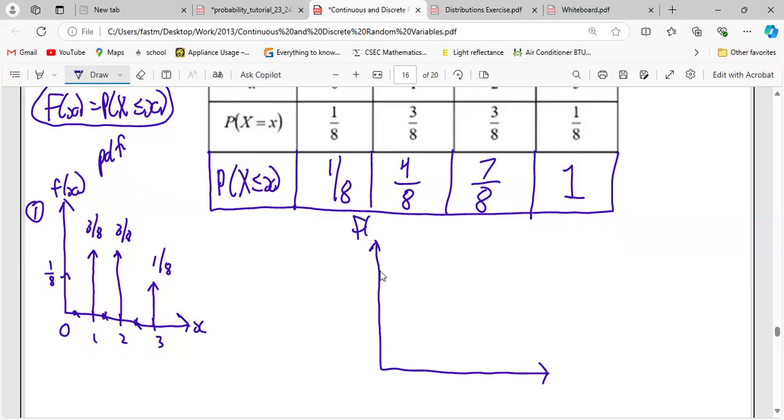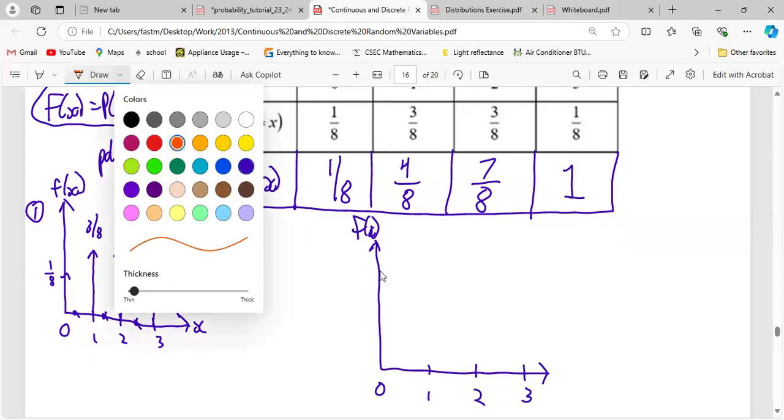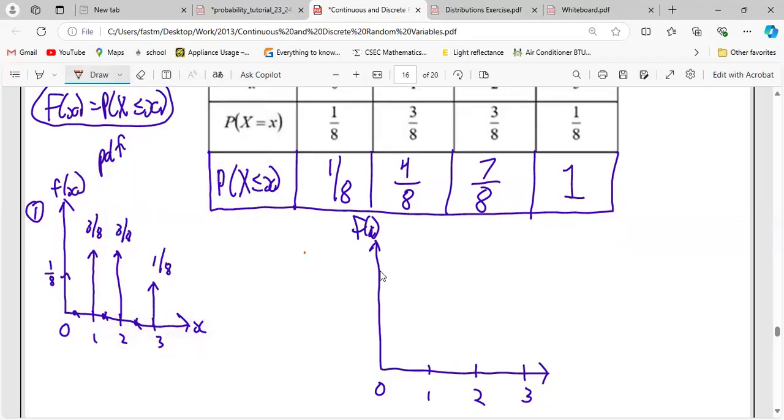So it'll be capital F of x, with the same bounds 0, 1, 2, and 3. Between 0 and 1, I think Kivan asked me this: these values, 1/8, 4/8, 7/8 and 1, are equations of a line. It is in the form y equals mx plus c, but it has no mx. It has no gradient, because the gradient is 0, so it just has a y-intercept.